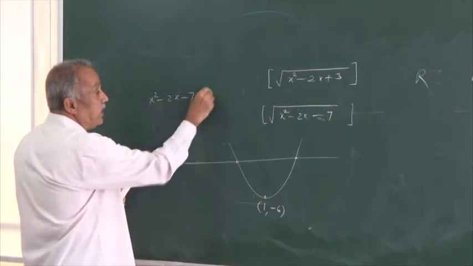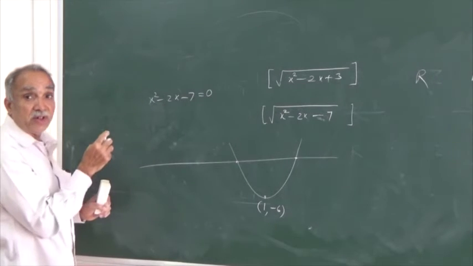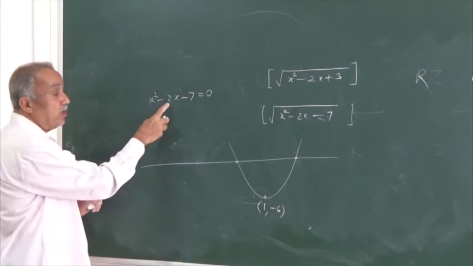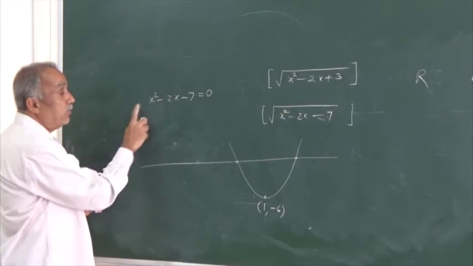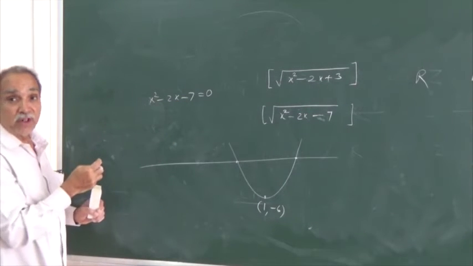Where is x square minus 2x minus 7 equal to 0? Can you factorize the expression? What is b square minus 4ac? 4 minus 4 into minus 7, that is 4 plus 28, 32, which is not a perfect square.